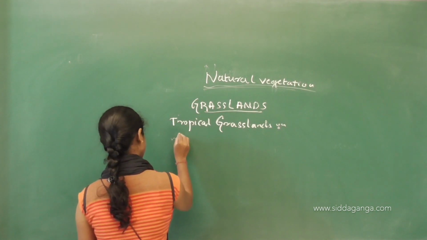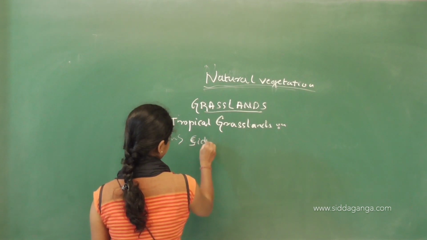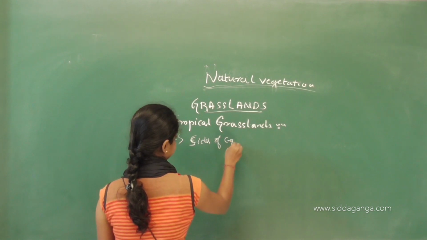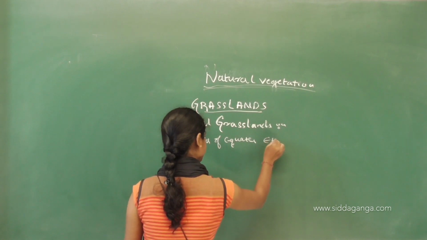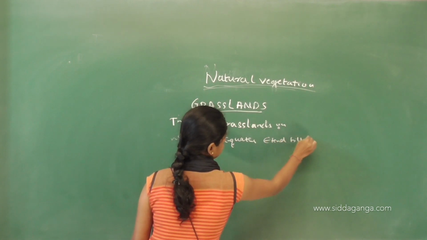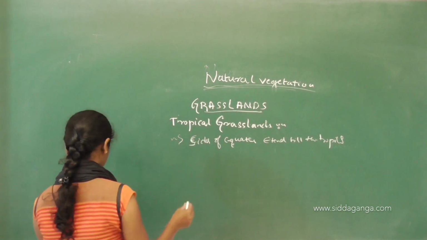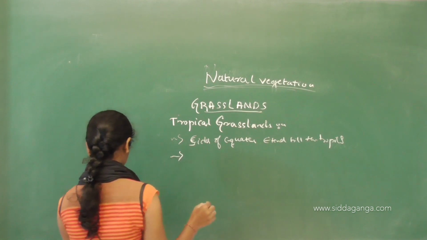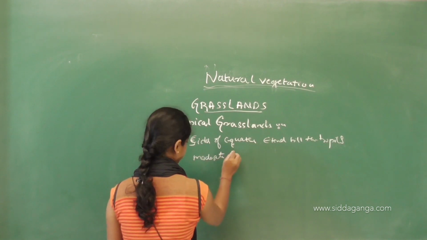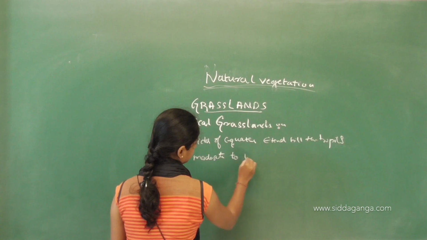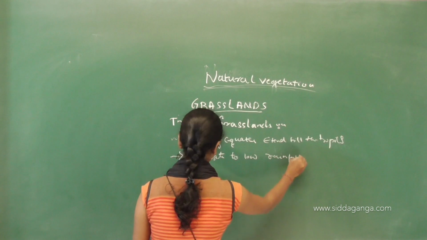These occur on either side of the equator and extend till the tropics. Here moderate to low rainfall will be present.